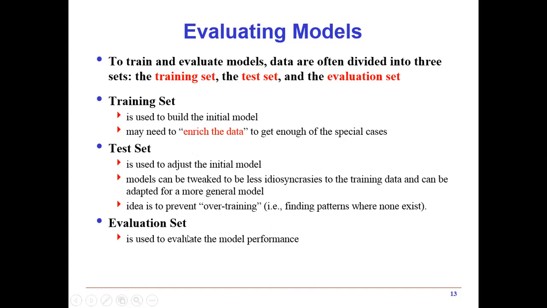Then we have the evaluation set. The evaluation set is basically new data, which is used when the classifier is completely developed and tested, and then it can be used for new data classification.